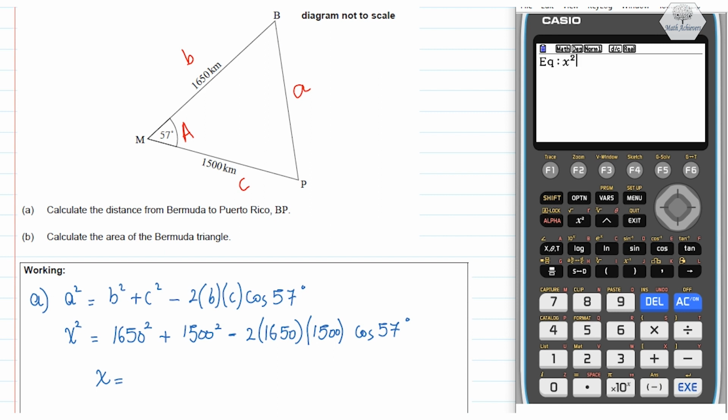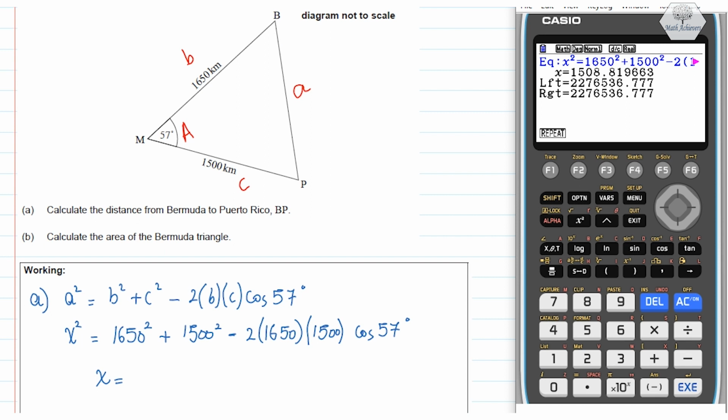X squared is equal to 1650 squared plus 1500 squared minus 2 times 1650 times 1500 times cosine 57, and then I press execute and execute again.